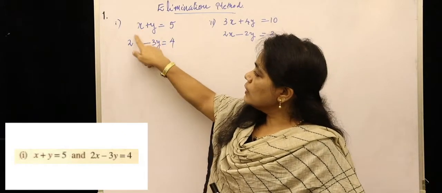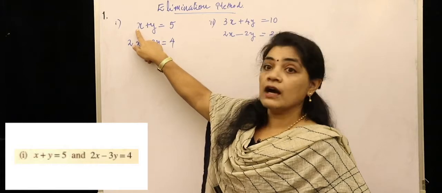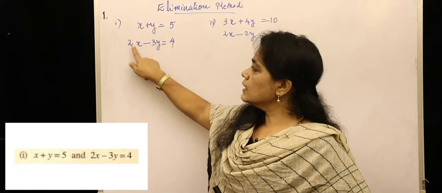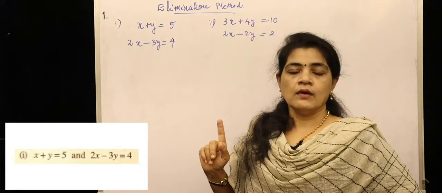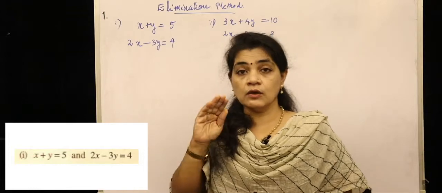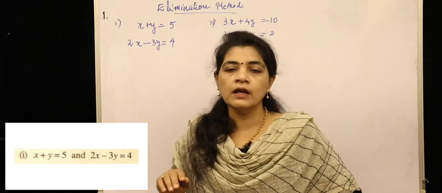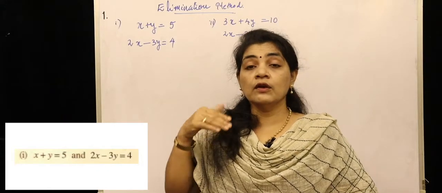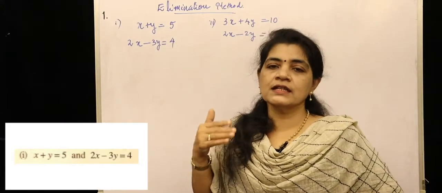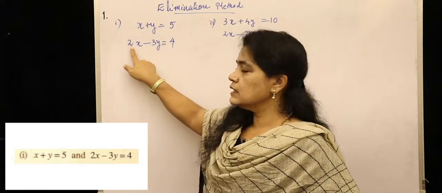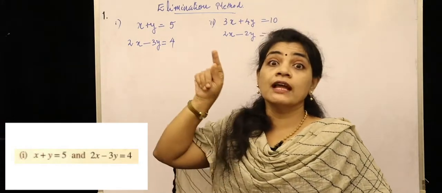So 2x, here we have x. The coefficient of x here is 1, here that is 2. Eliminating means we should get the coefficient of any one of the variables as the same coefficient. In order to make the coefficient of x in the first equation the same as the coefficient of x in the second equation, what can be done?